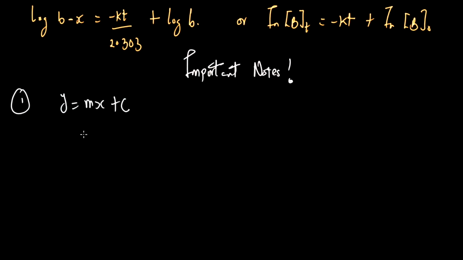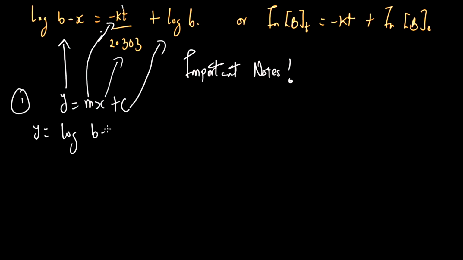So we can therefore say that this is the y, this is the x, this is m, and this is c. So we have that y equals log(b minus x), or ln(b minus x).